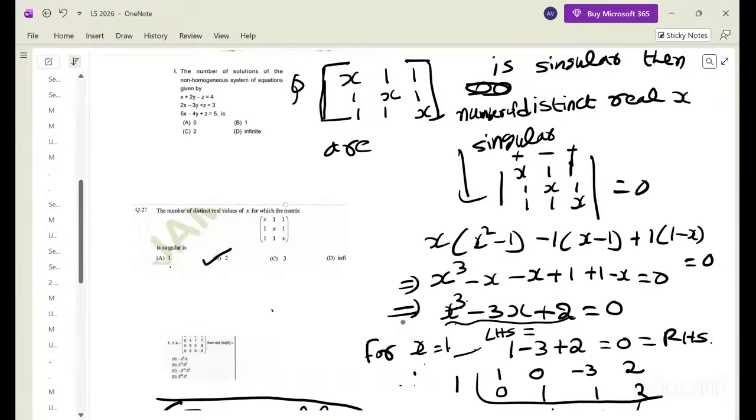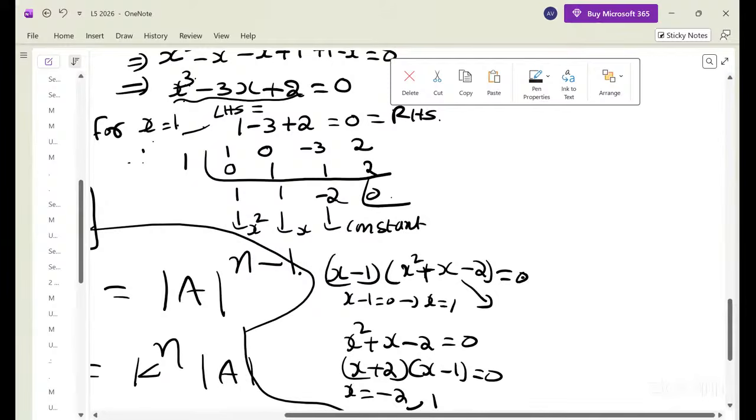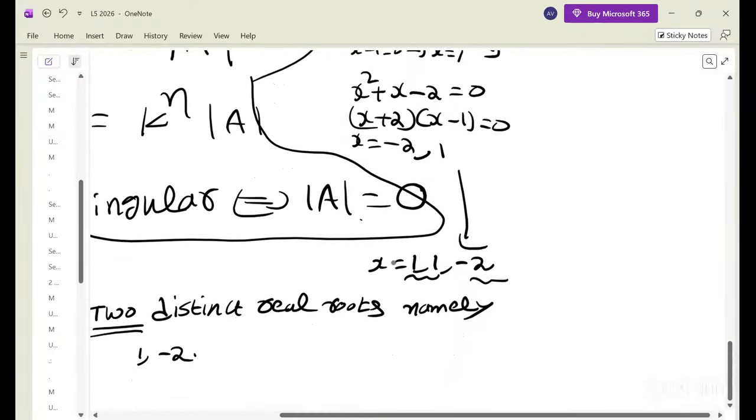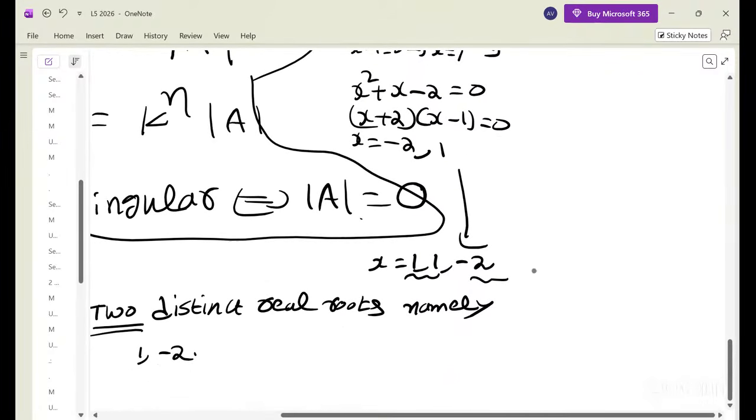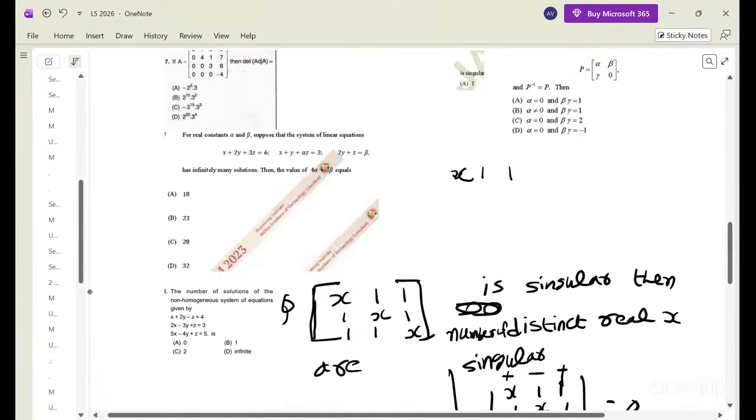And more intelligently, students will fall into this: 3 values we got, and they will forget by the time they get the roots, so they will answer 3, option C, which is not correct because it asks for distinct real roots. Only real means 3. Distinct real means 2. This is the answer. Simple questions like this you may get in the exam.